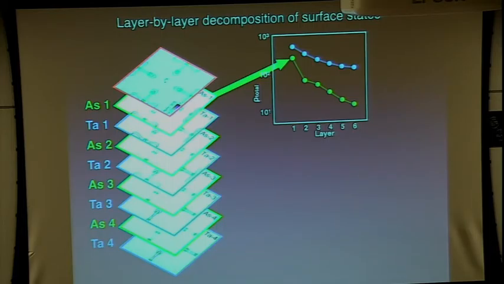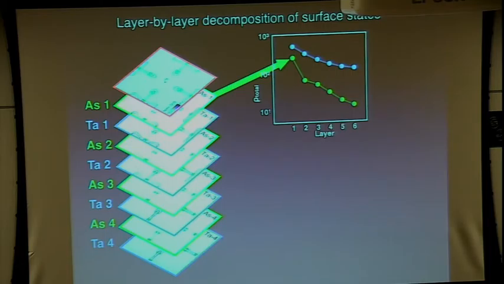No, this is a theory calculation. I wish we could get the density as a function of depth. So the cleavage plane here is arsenic, but yeah, it could be the other half could be tantalum. I mean, it's not like they always cleave beautifully, so you can have a surface that's not stable.